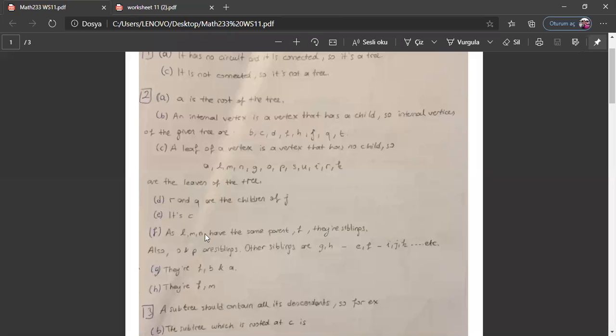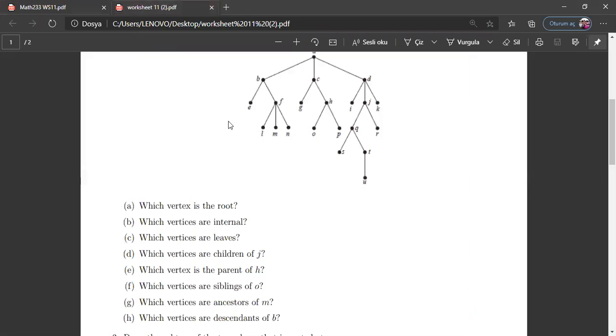They are not only F and M. I made a mistake there. As I said before, they are E, F, M, N, and L. Okay, because one of the ancestors of L is B, right?